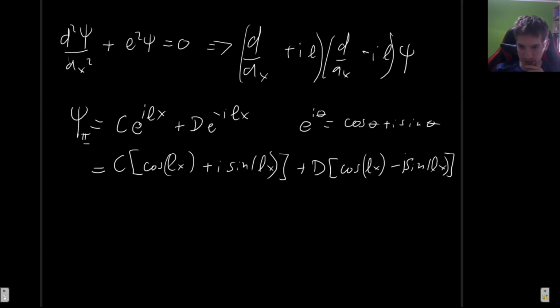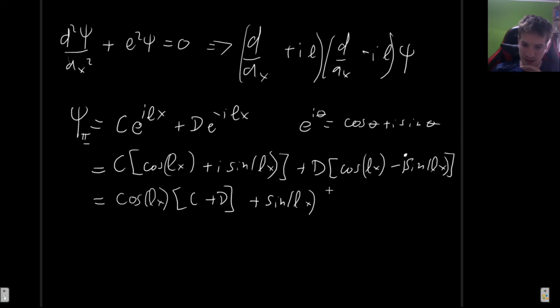There's an i here. Okay, so now we can just factor the cosines and sines. So we get cosine Lx with a factor of c plus d, and then plus sine of Lx with a factor of ic minus id. And now, because c and d are arbitrary constants, we can actually just rename them.